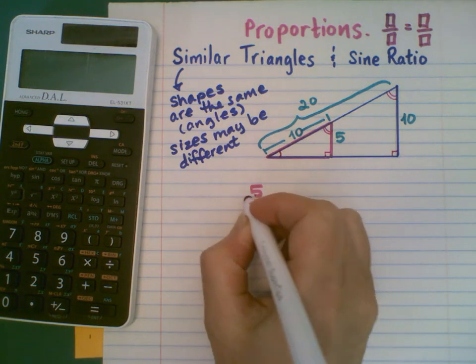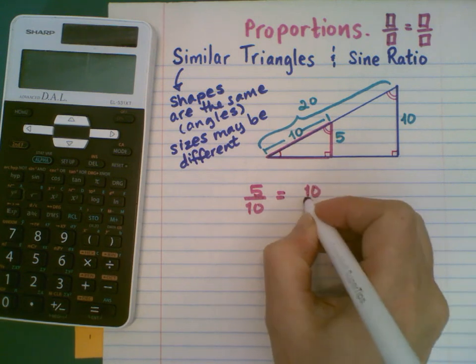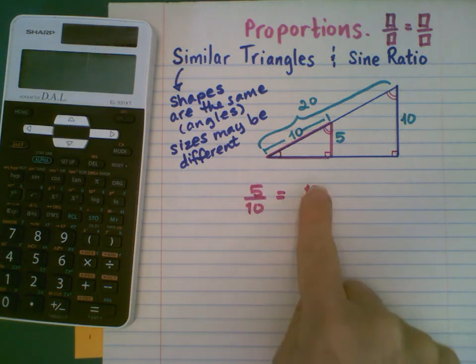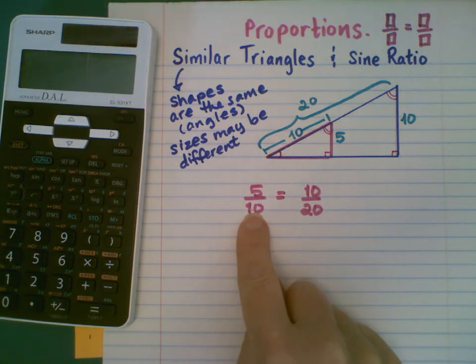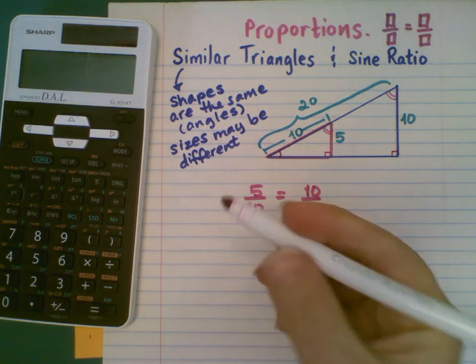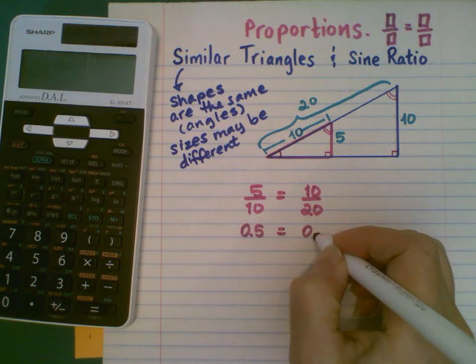So 5 over 10 and 10 over 20. Which if I simplify by actually doing the division, 5 divided by 10 and 10 divided by 20, that will boil down to 0.5 and 0.5.